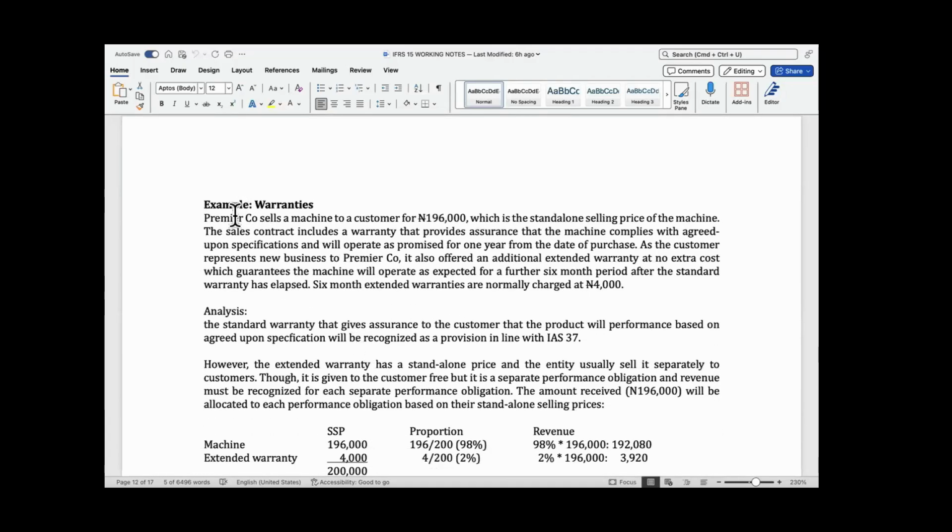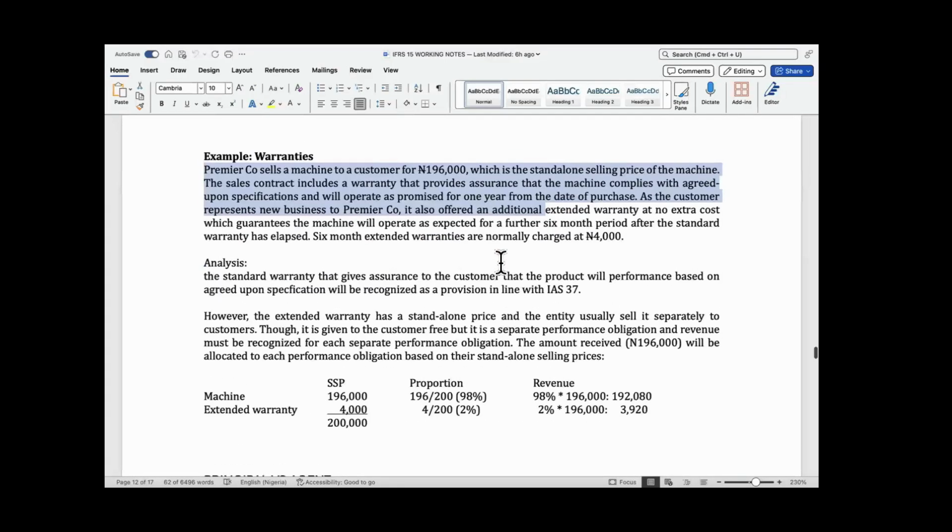I solved the question for you and we analyzed it. Ultimately, we saw that this company gave an extended warranty for free. This extended warranty, ordinarily, he sells to his customers, but he decided to give it for free because he's trying to get more customers.